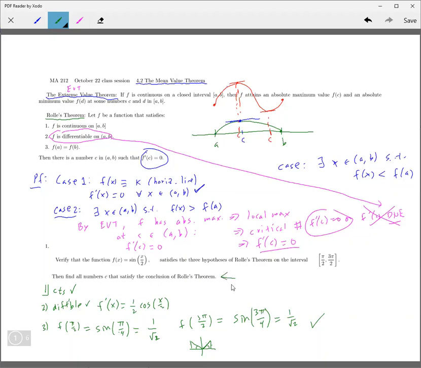And then part C, second part, find all numbers C that satisfy the conclusion of Rolle's theorem. Let's go ahead and do that one. So we have the derivative here, and you just basically set that equal to 0. So we're looking at cosine of x over 2 equals 0.